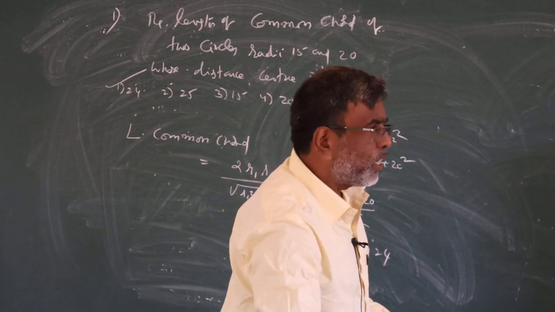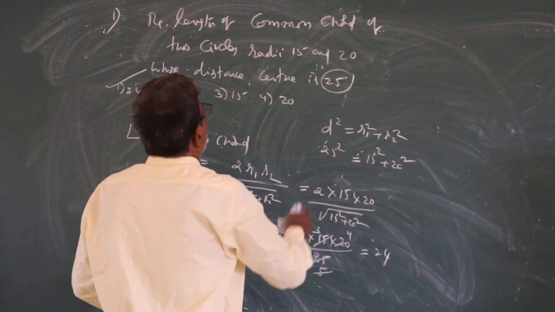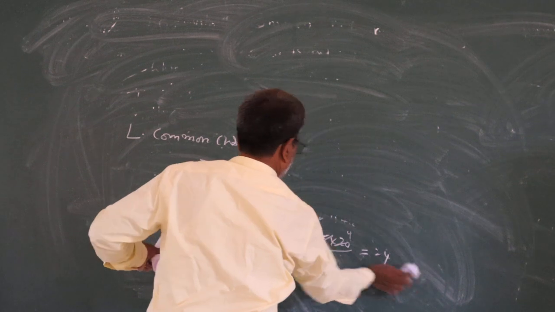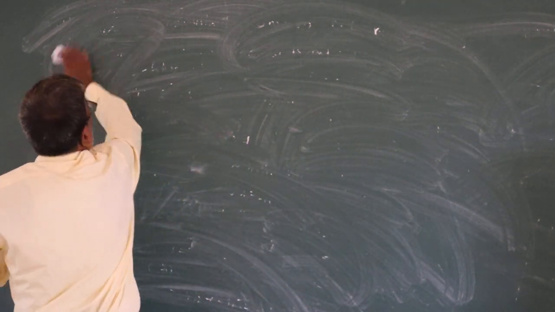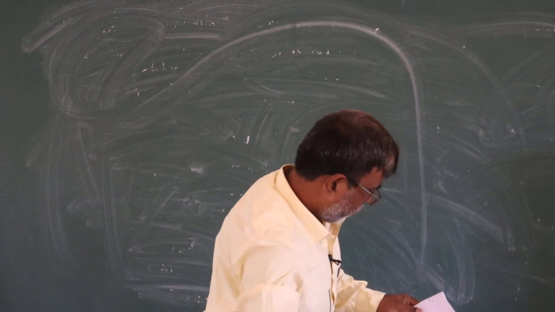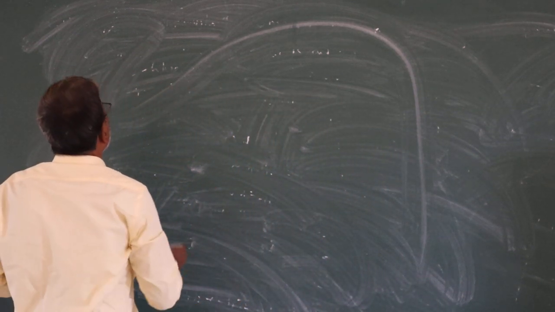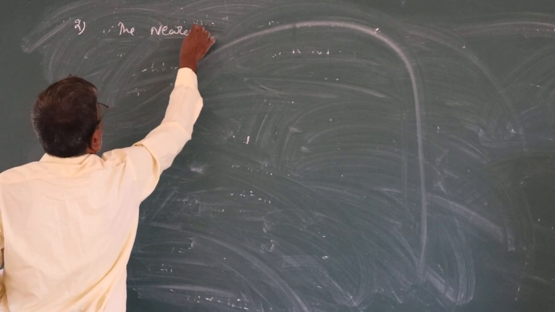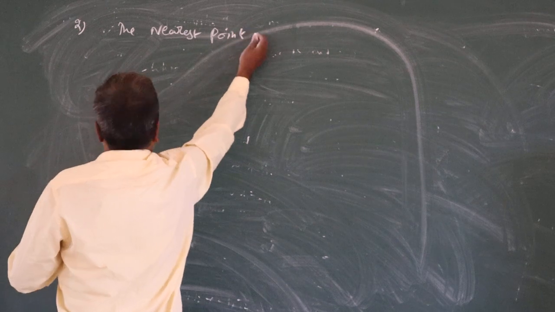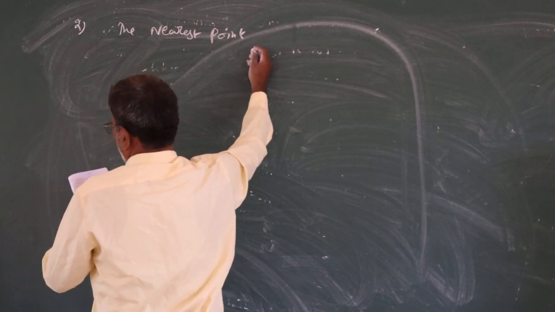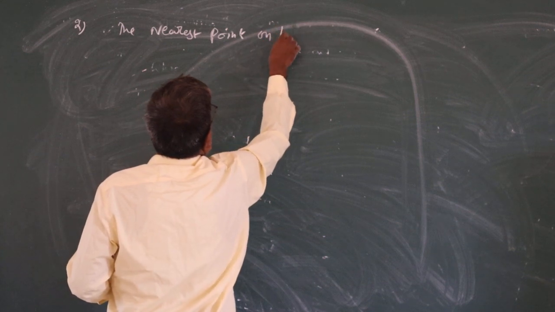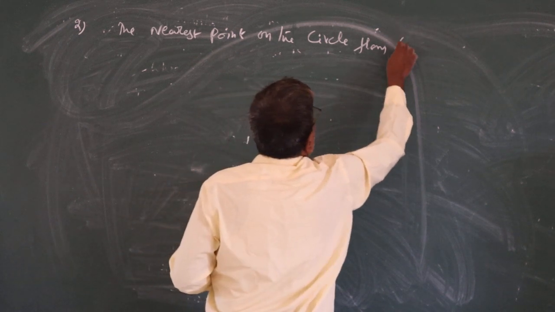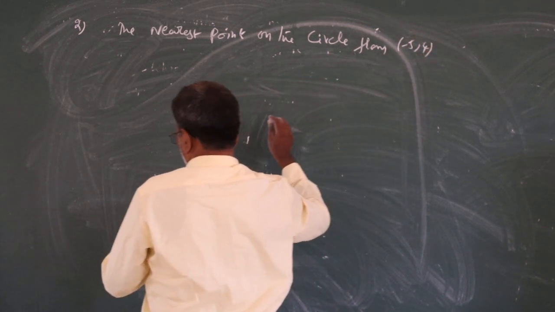So one more question we are discussing. Let me explain one more question like this. Suppose the nearest point on the circle from (minus 5, 4).